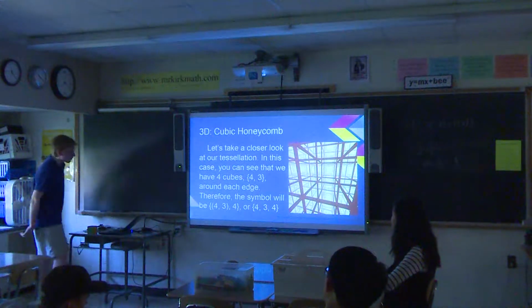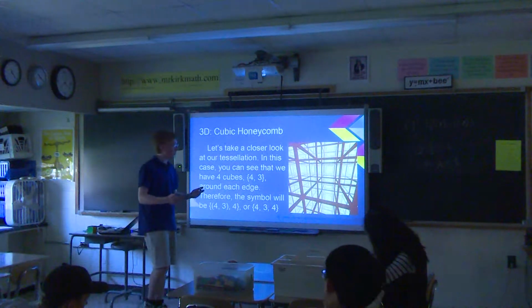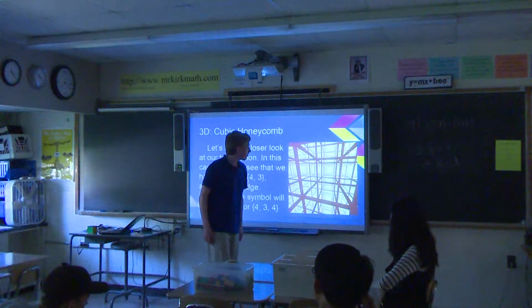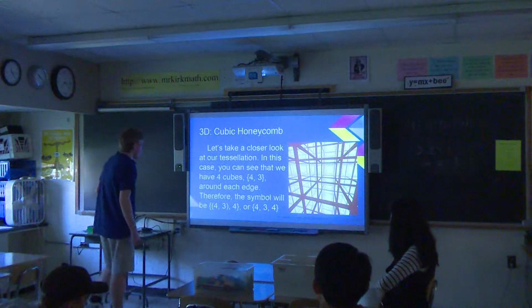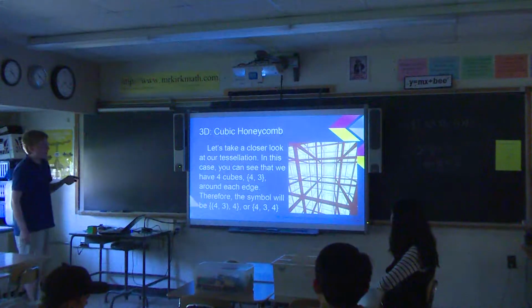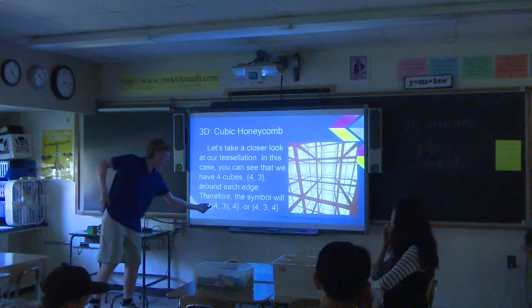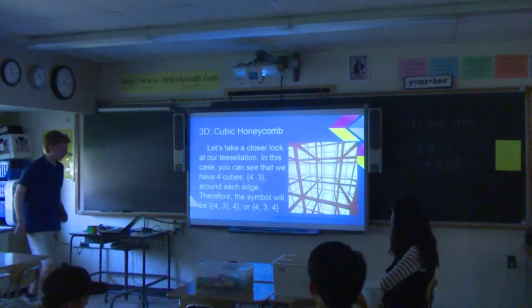Fun stuff. So looking at this, you can see this is a tessellation composed of cubes. And around every edge, say that one, it's kind of hard to see, but around every edge you actually have 4 cubes. So a cube, if you remember, is a 4, 3. So the symbol for this is going to be 4, 3, 4, and so it looks 4-dimensional.